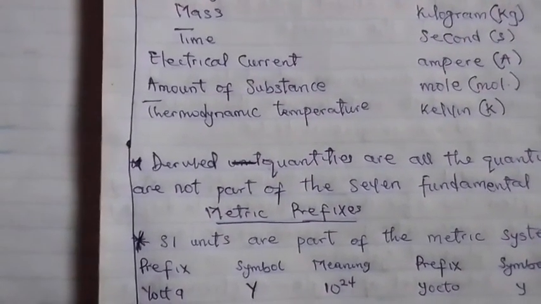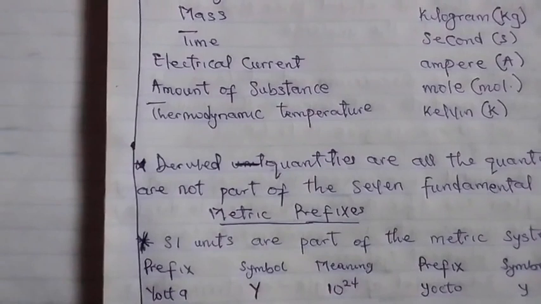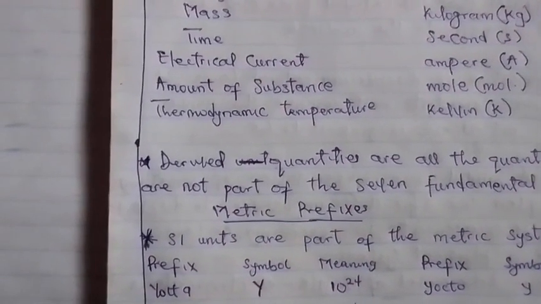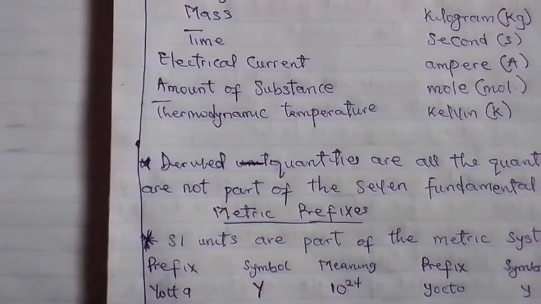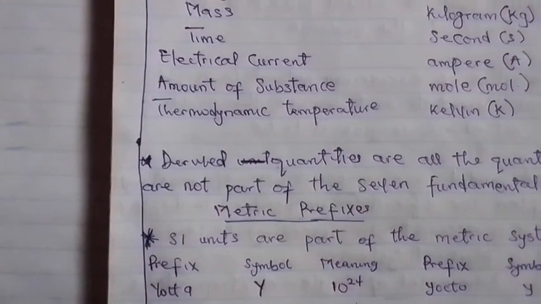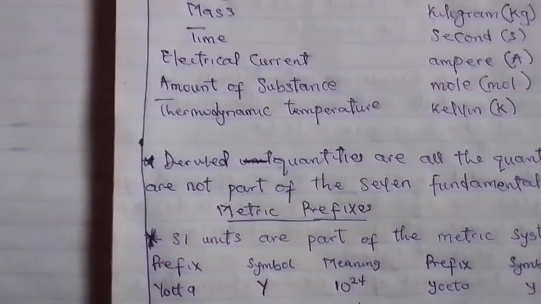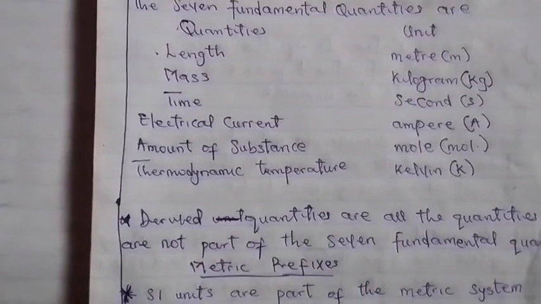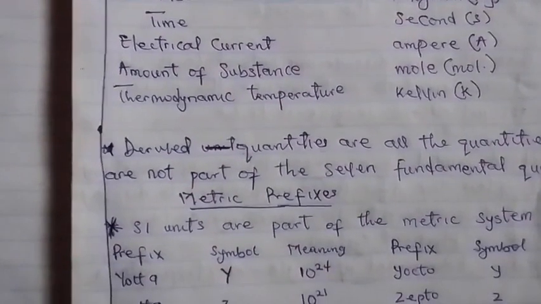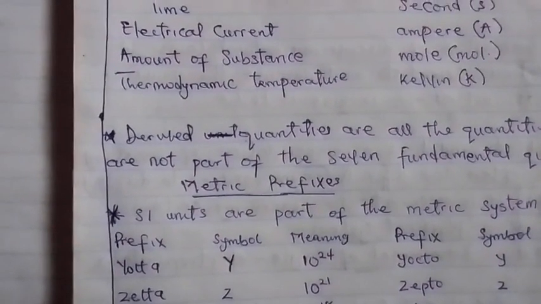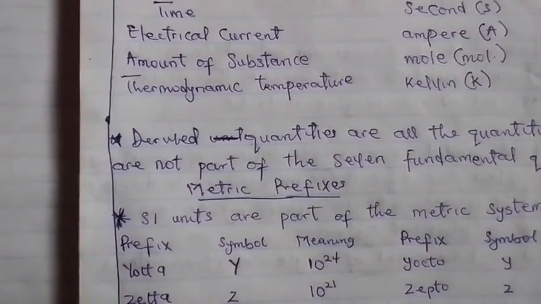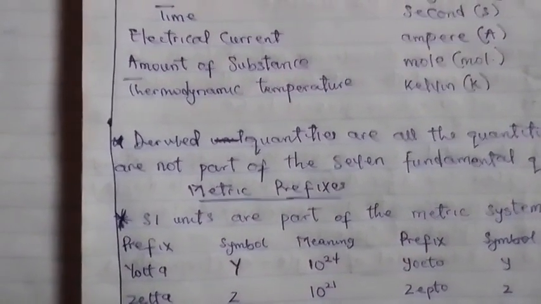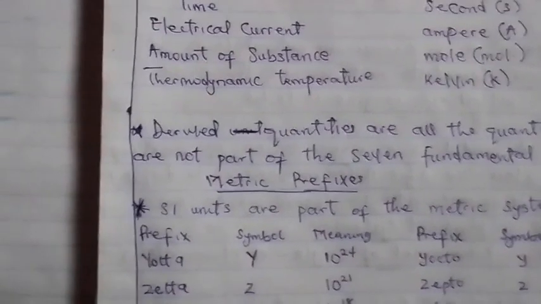So what that means is that 1 yotta ampere is the same thing as 10 raised to 24 ampere. Now, let's say, for example, we have a meter, the base unit of length. 1 yotta meter is the same thing as 10 raised to 24 meter. So we are going to look at the prefixes and connect them to the base units. That is what we are trying to do here.